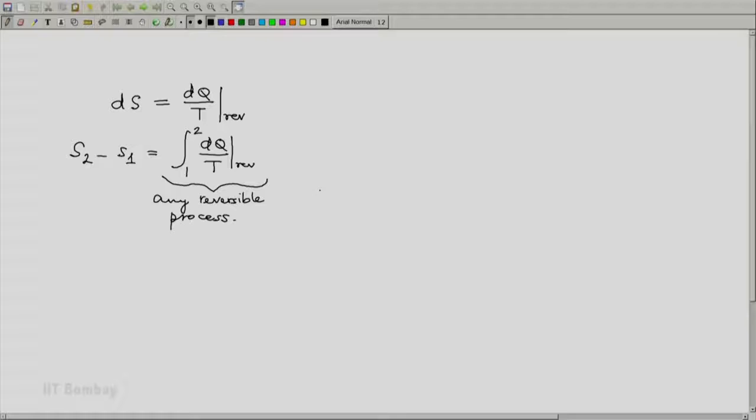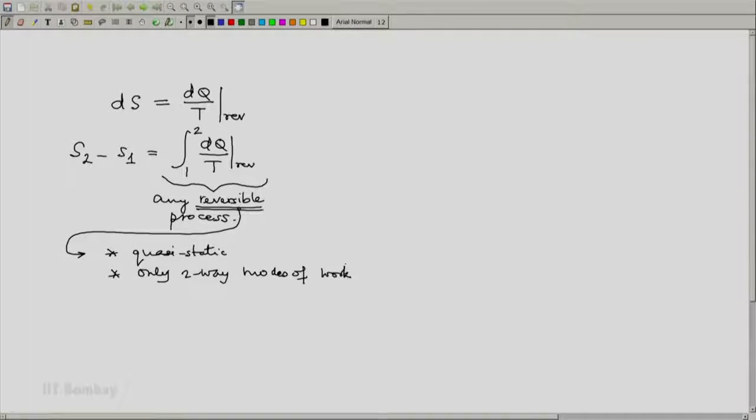How do we execute a reversible process? For this, we have seen this earlier when we implemented the Carnot cycle, the process must be quasi-static, because then we know that it went through a certain set of states and we will be able to trace it back. Only two-way modes of work.